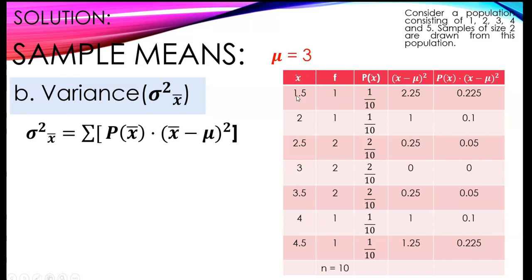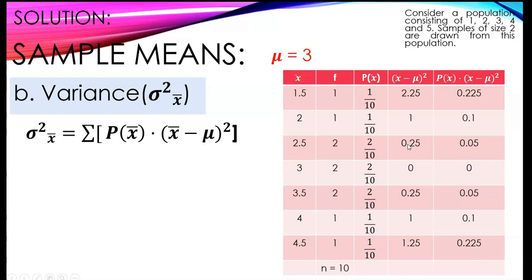So basically, you will just take the values in the sample means and subtract our computed mean and then square it. So start, 1.5 minus 3 is equal to negative 1.5. You square it, that's 2.25. Next, 2 minus 3 is equal to negative 1. You square it, that's equal to 1. 2.5 minus 3 is equal to negative 0.5. 0.5 squared is equal to 0.25.